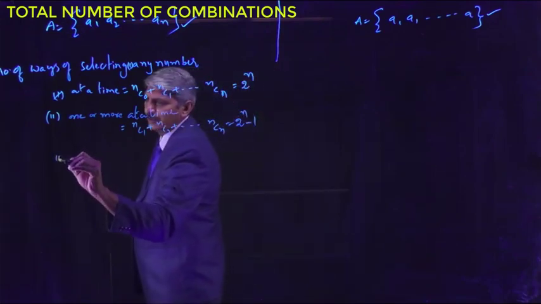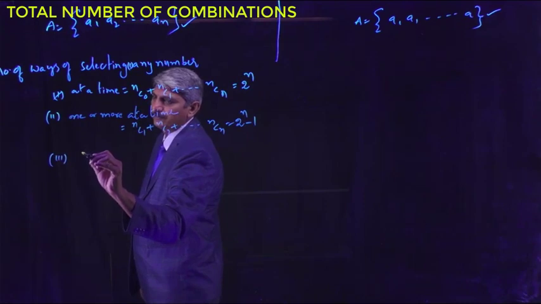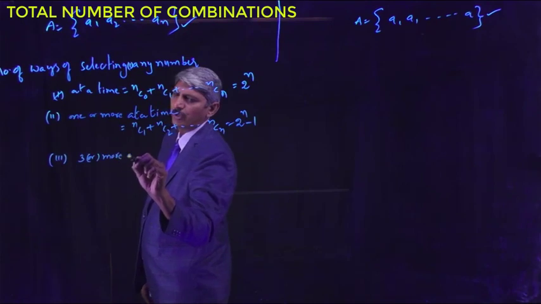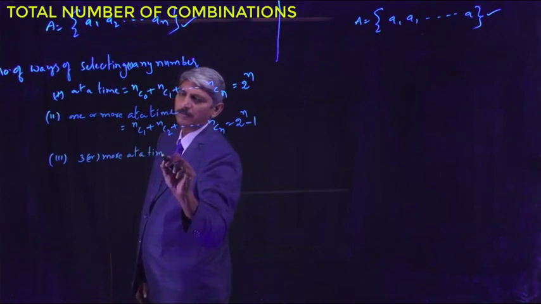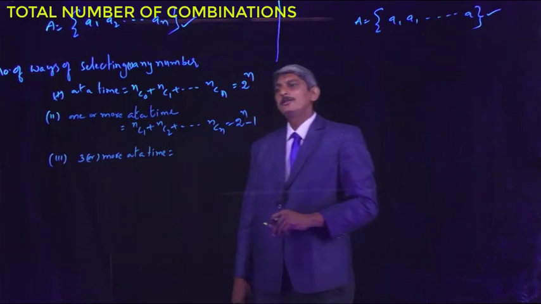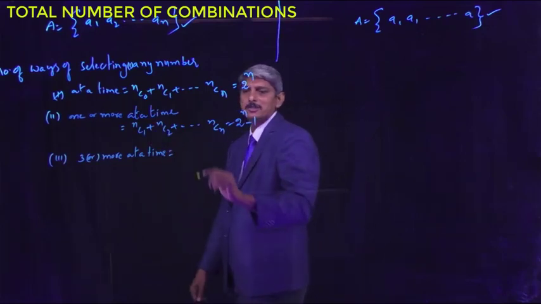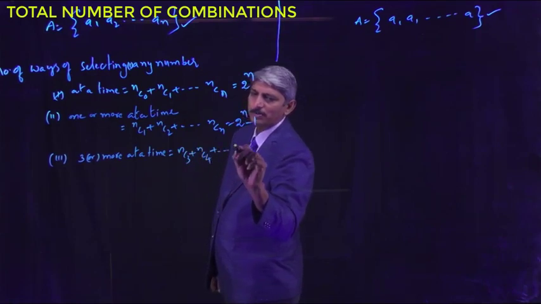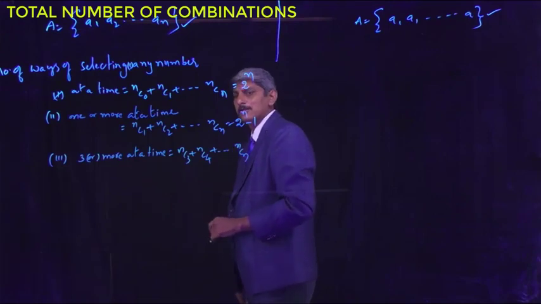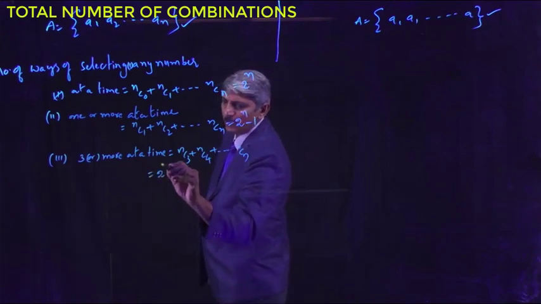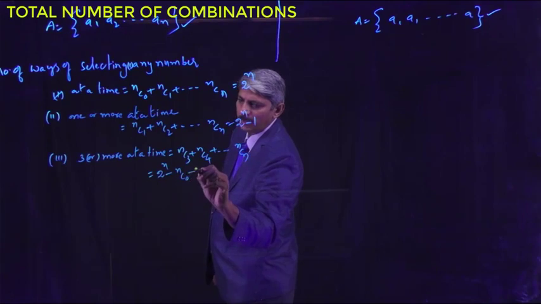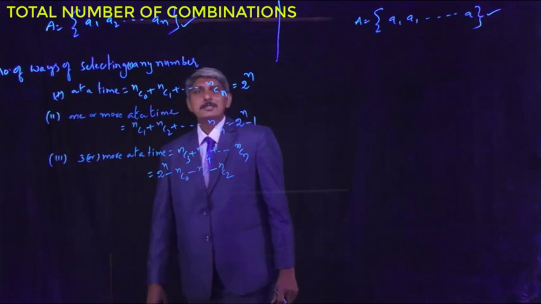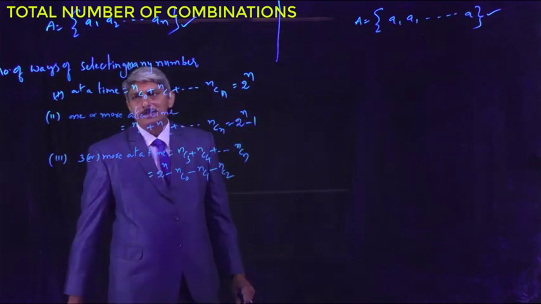Suppose 3 or more at a time. 3 or more at a time means, so we have to select NC3 starting from NC3. So NC3 plus NC4 plus and so on NCn. This is nothing but 2 power n minus NC0 minus NC1 minus NC2. So these are the cases when the given set contains n distinct objects.